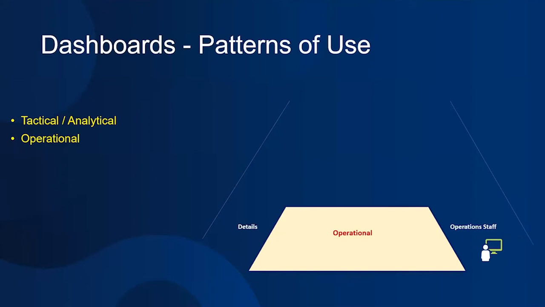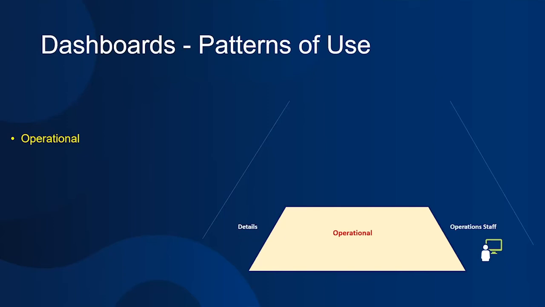Actually, there are three main patterns of use for the operations dashboard. The first one is the operational dashboard, which is mainly for the operations team, the people who are visiting the site, getting data from the site, and doing surveys. So it's more about having a map with a daily update, tracking for the team.